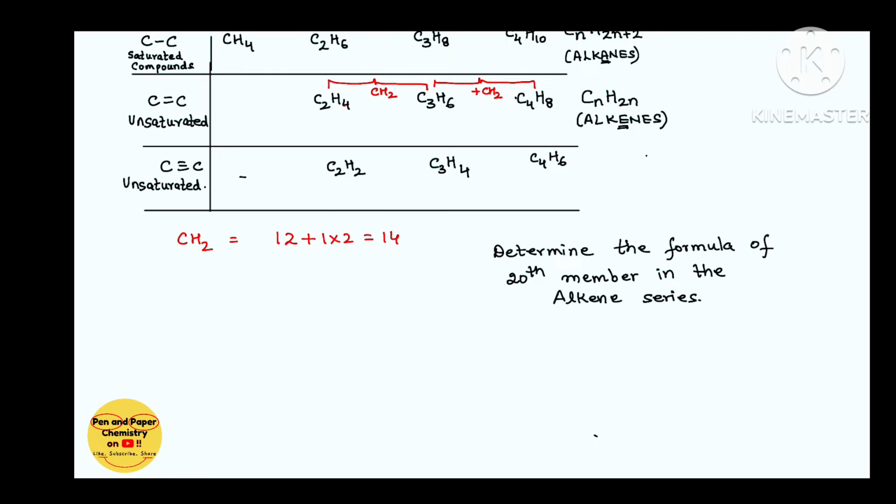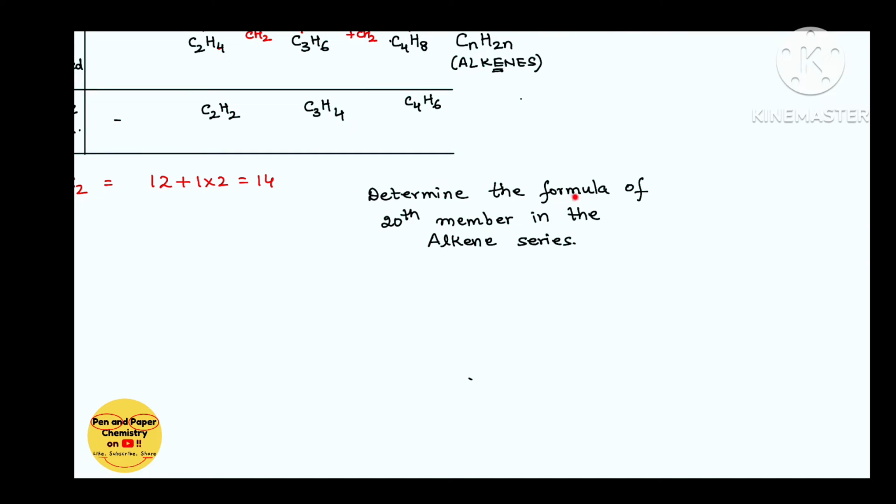So 20th member will have how many carbon atoms? Work out the formula. Tell me the formula of the 20th member in the alkene series. This is a very, very important point to understand and an important question as well.